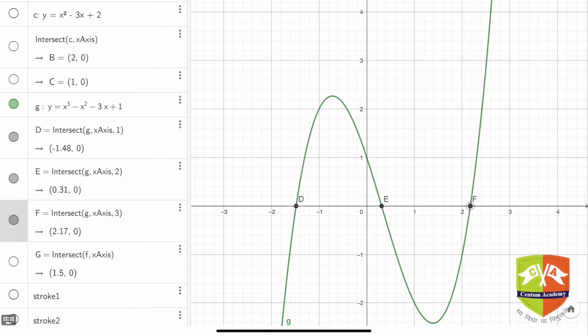Now, as I told you, it is not necessary that every time you will get 3 zeros only. When we deal with graphs of polynomials in subsequent sessions, you will see that there is a possibility of at most 3 zeros, not more than 3 for a cubic. We'll see how odd degree polynomials behave.